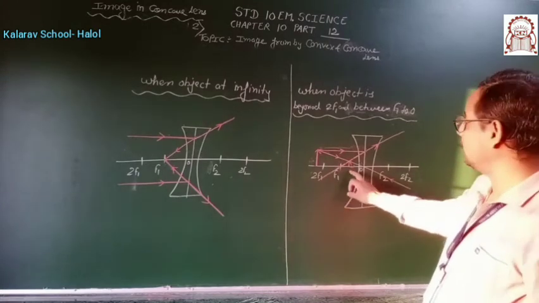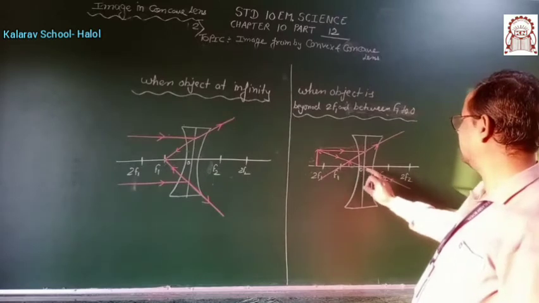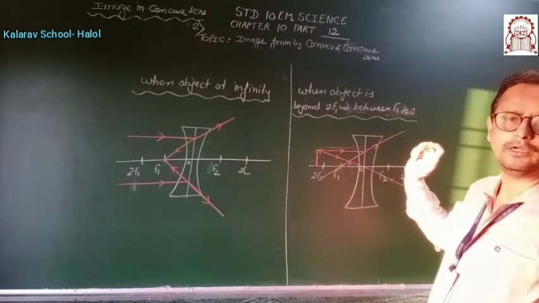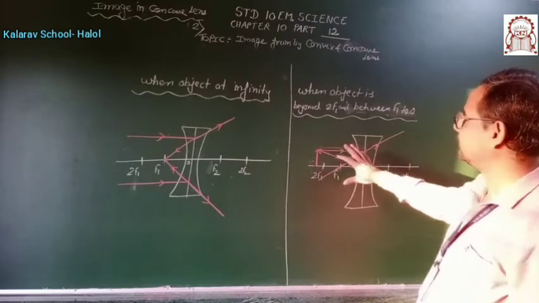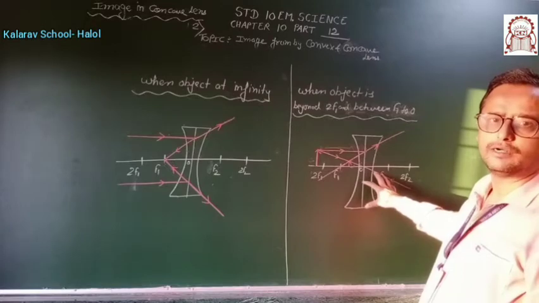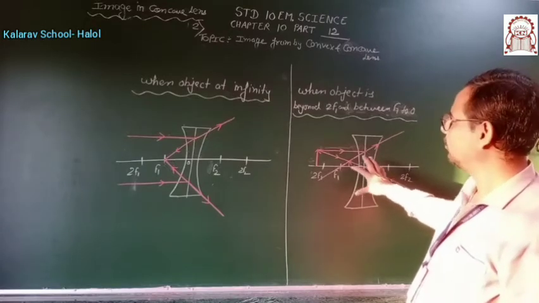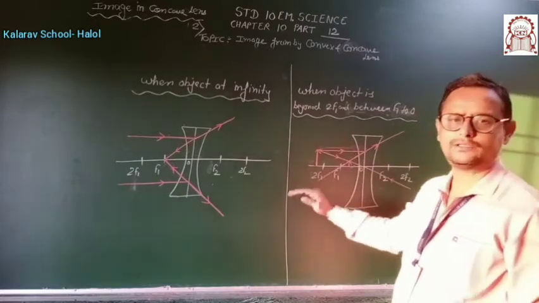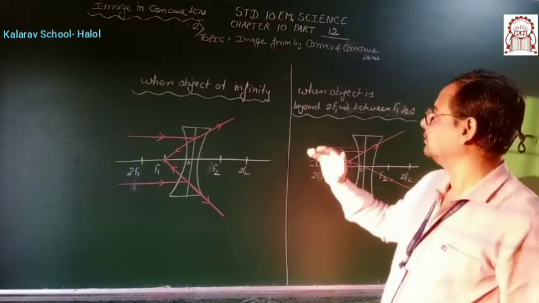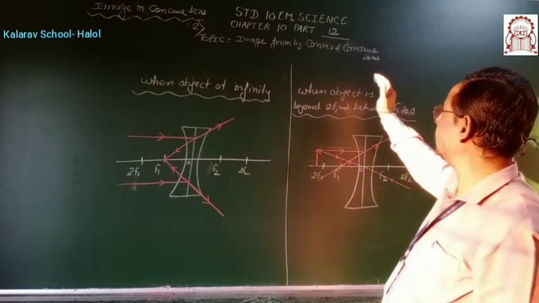Wherever you place the object, in each and every condition the image will be formed here only, the same situation, and that's why we have not drawn these 5 different figures. Is it clear? The same figure will be there. So that is the basic difference between the image created by the concave lens and the convex lens.